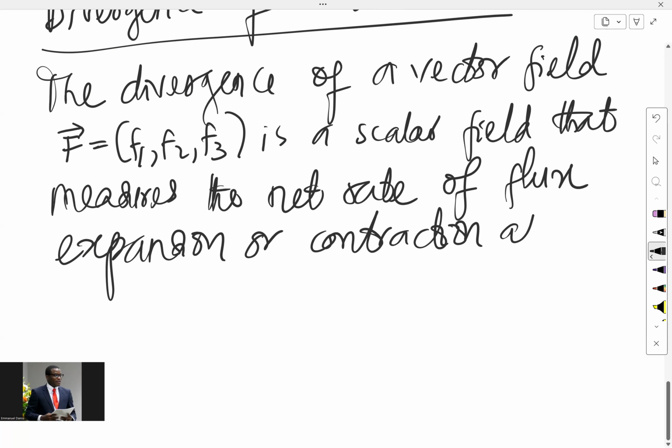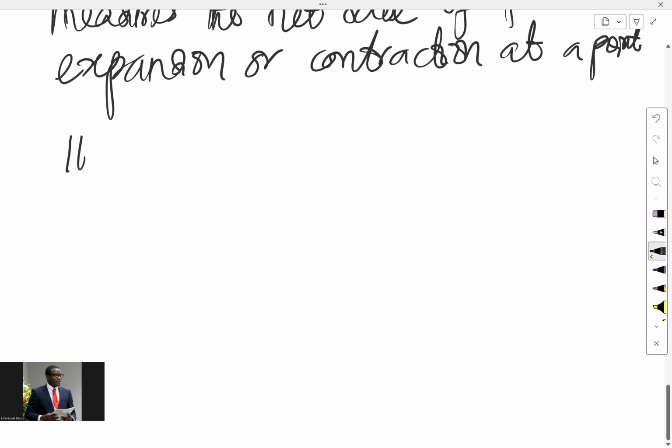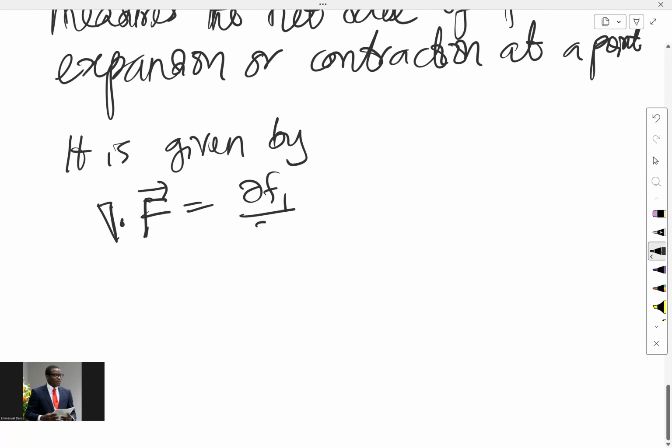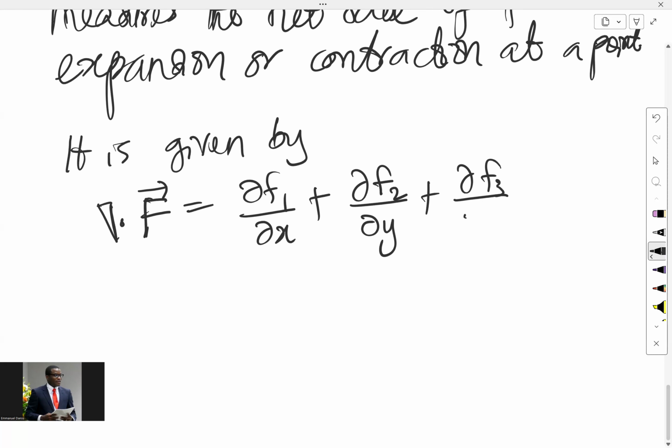It is given by nabla dot F, which is partial F1 partial x plus partial F2 partial y plus partial F3 partial z. So that is the divergence of a vector field, and this results in a scalar by definition.